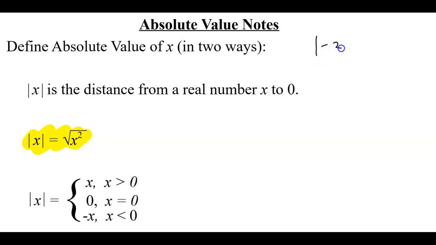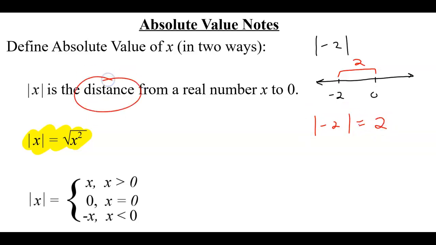For example, if I do the absolute value of -2, what that's asking me is how far away the number -2 is from 0. And we always measure distance in positive units. So I would say it's 2 units away. So therefore, the absolute value of -2 is 2. It's a distance from 0.